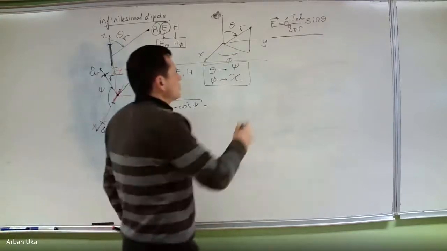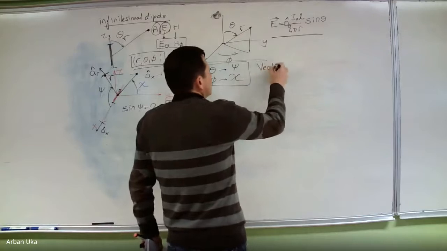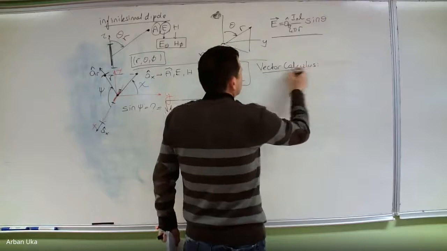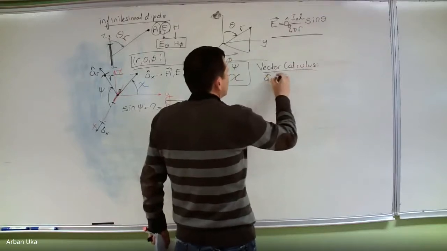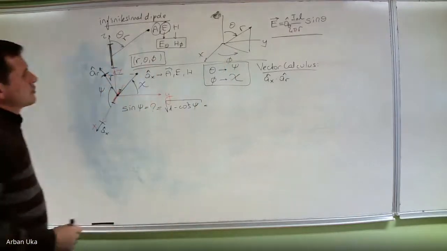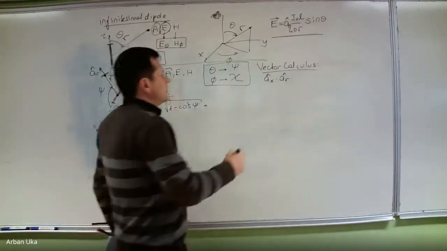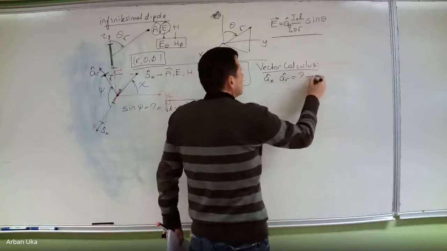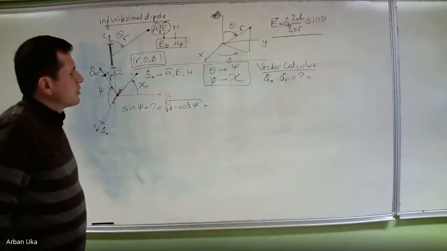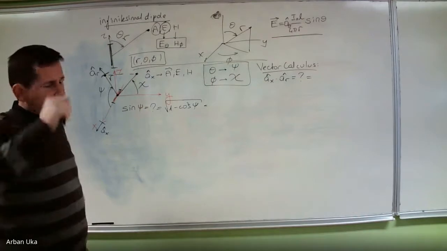Now you can go back to the spherical coordinate system. We can try to determine the dot product between AX and AR.